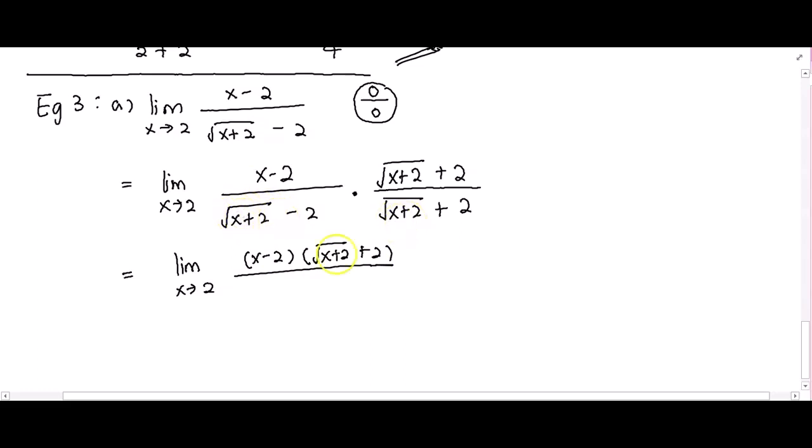So root multiplied by root, you get x plus 2, and then plus 2 root minus 2 root will cancel each other off. Negative 2 multiplied by positive 2, you get negative 4, sorry. Then we simplify the denominator.